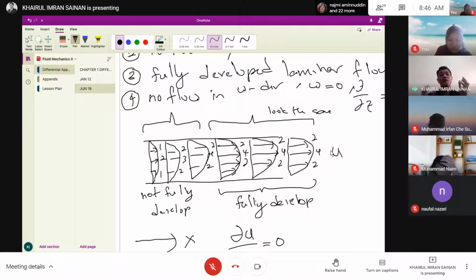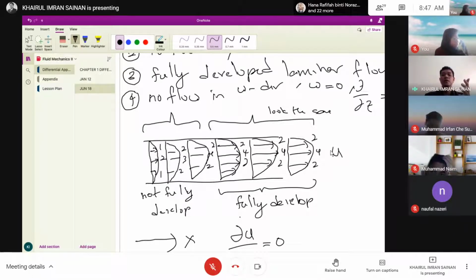So how about fully developed? For a fully developed flow, the profile will look the same. It's no different. Okay, so I put numbers here, easier for you to understand. 2, 4, 2, and the next profile the same, 2, 4, 2, and 2, 4, and 2.